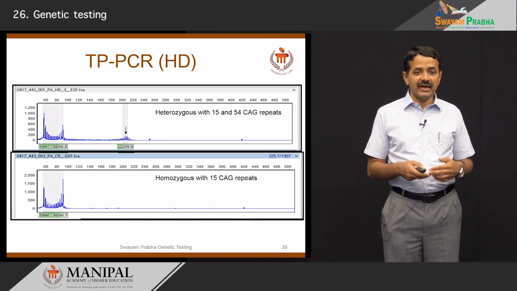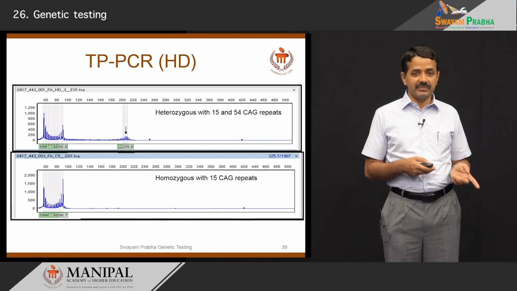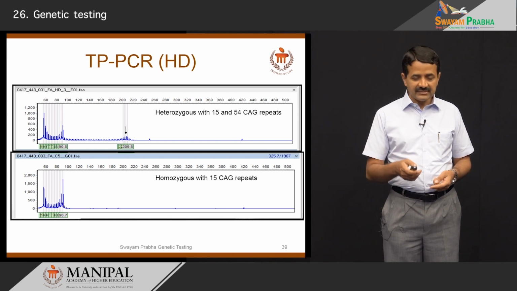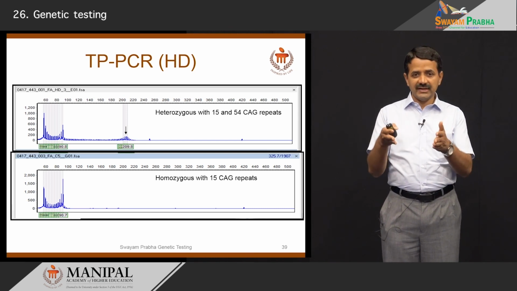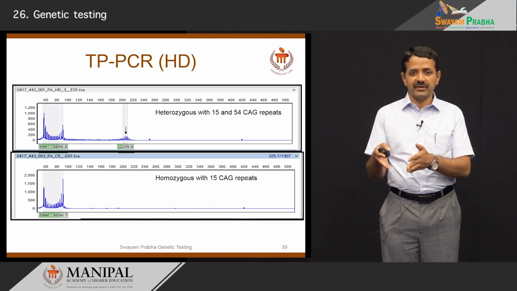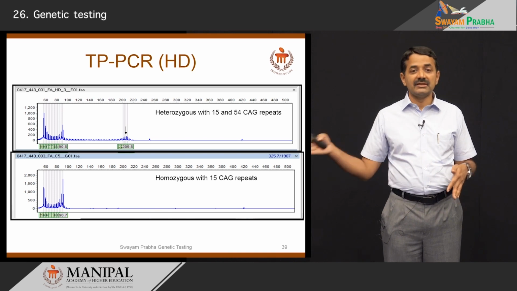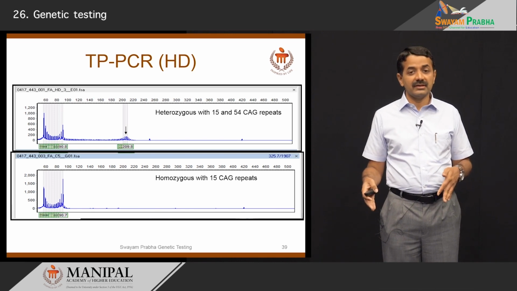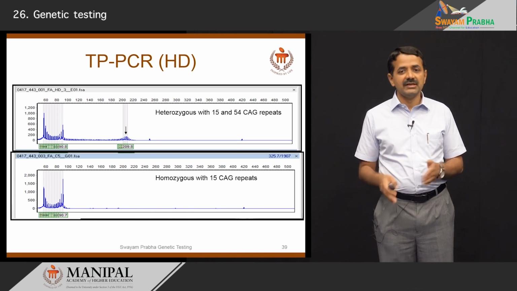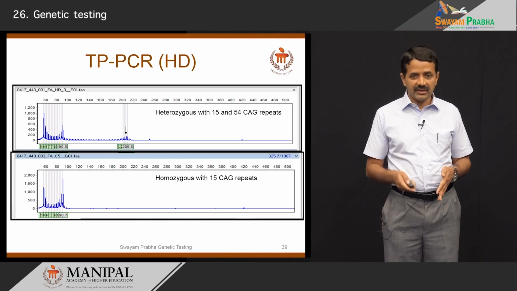So, we have to use something like triplet primed PCR. You can see here, in the upper panel, patients show a different kind of pattern as compared to normal individuals who do not have this repeat expansion of the CAG triplet nucleotide.